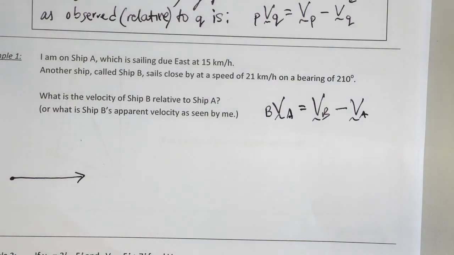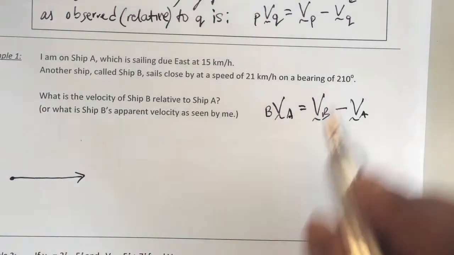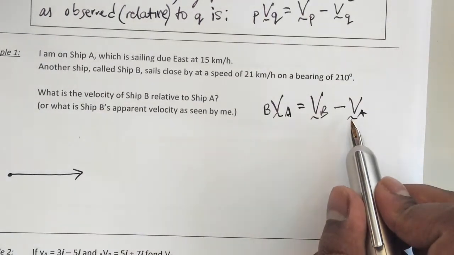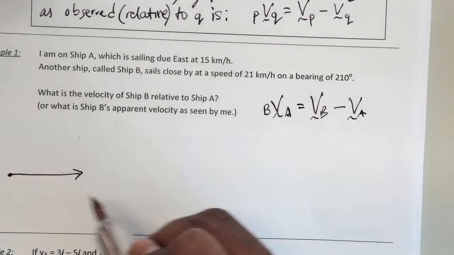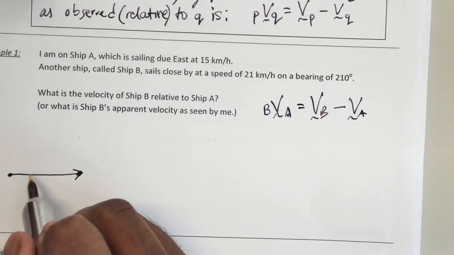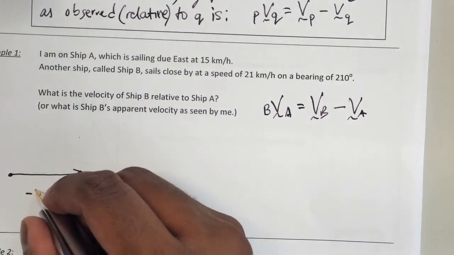That's to east. Well, what does it say? We want negative A. So we should actually have negative v of A.